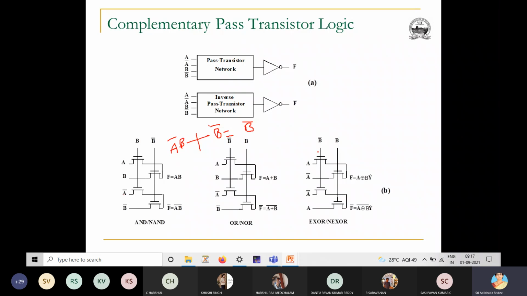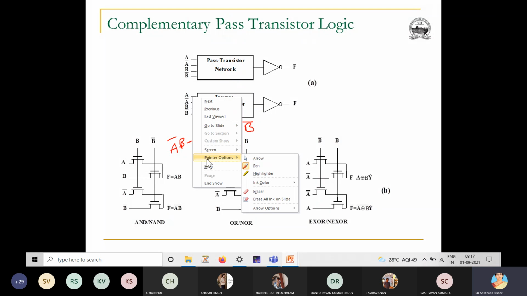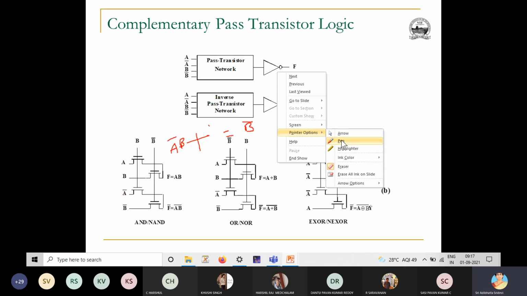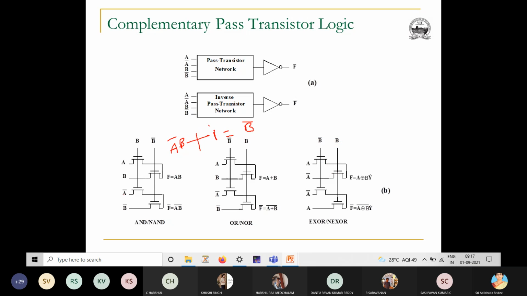According to the absorption law, X plus X bar Y equals X plus Y, correct? So here we have A bar B plus B bar. If you simplify, what do you get? What is the absorption law of Boolean algebra?